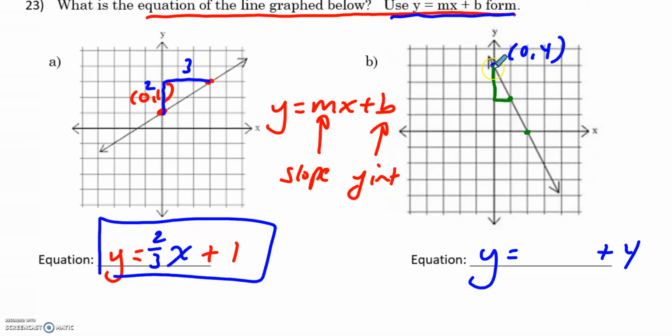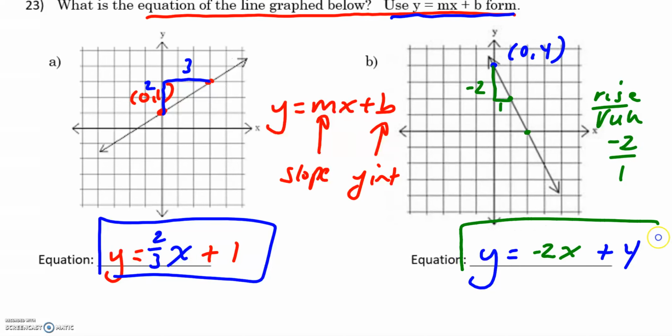And if I do that, it looks like I'm going down 2 over 1. If I did it again, I'm still going down 2 over 1. So because slope is rise over run, I'm rising or really falling 2 units and then running to the right 1. So my answer would be y equals negative 2x plus 4. I would also accept negative 2 over 1x plus 4.